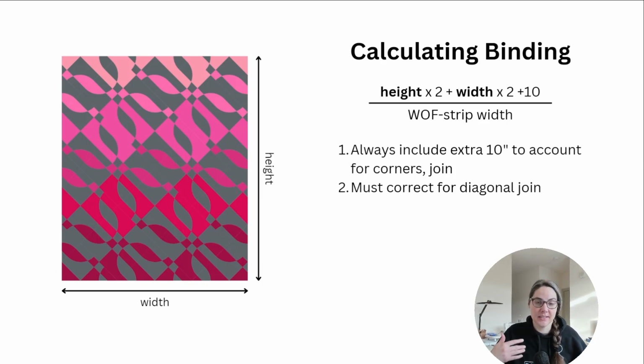The other piece of this is knowing how much width of fabric strip that you have, and if you're doing diagonal joins, which the vast majority of quilters are doing when they join binding strips to remove the bulk a square seam would add, you're actually losing additional fabric when you join all of those strips up than you would if you just took that standard 1/4 inch seam. So we've got to account for that. And the way that you do that is by subtracting the width of the strip. This is just like a stitch and flip corner, right?